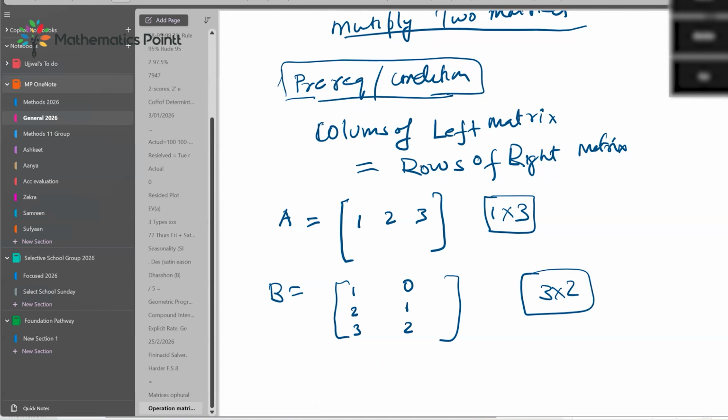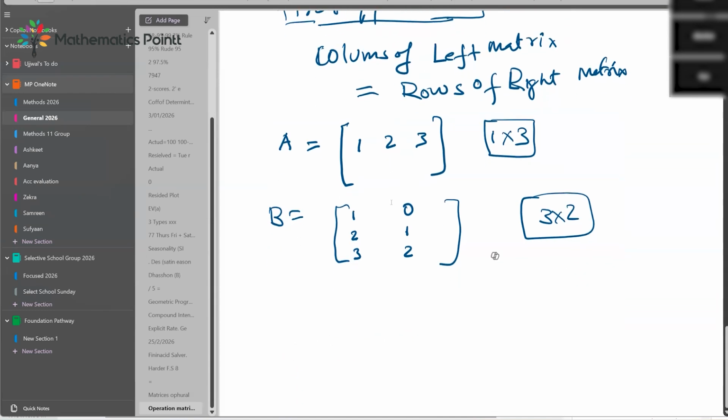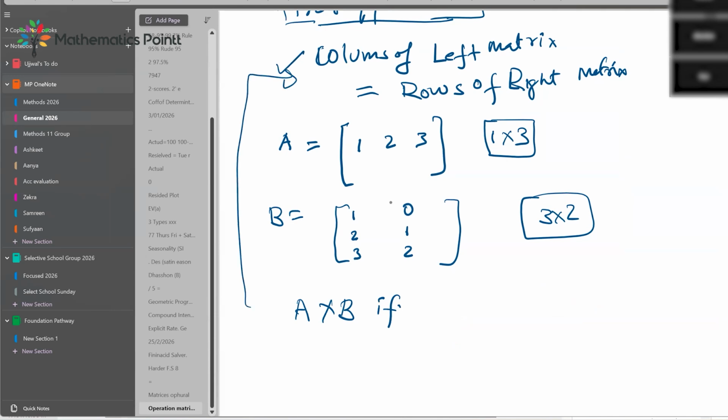Now, I can only multiply A and B, A multiplied by B, if this particular condition is met. The matrix that is written first I call the left matrix, and the matrix that is written after the product, I call the right matrix.